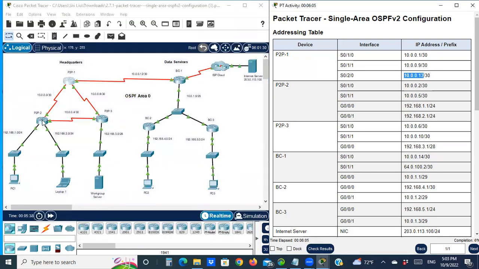P2P2 has 4 networks attached, so we need 4 network statements.